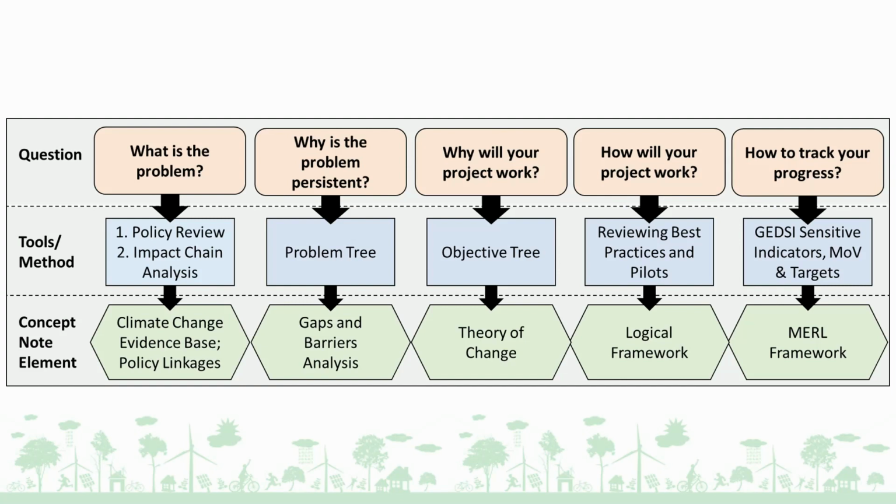So we use the problem tree analysis, and that will inform the gaps and barriers analysis and the concept note template. So the problem tree analysis directly informs your concept note template, the form that you have to fill out, the application form. So moving on in the next few modules, we'll be answering additional questions with additional tools.